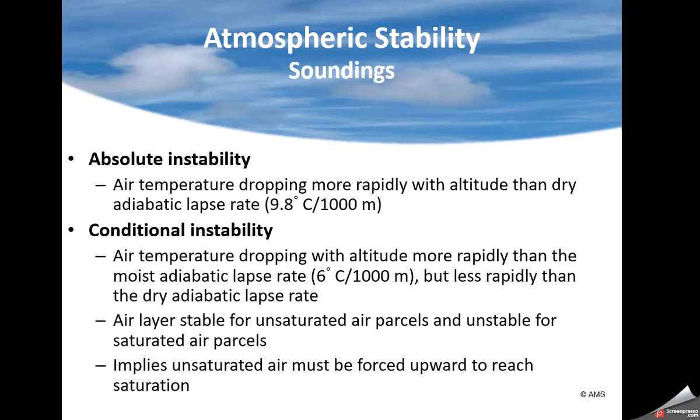So at 1,000 meters up, that same parcel of air is now 1.8 degrees colder. If, on the other hand, I lifted a very moist parcel of air right at saturation, it's only going to cool 6 degrees in 1,000 meters. That same air parcel is going to be 2 degrees warmer.